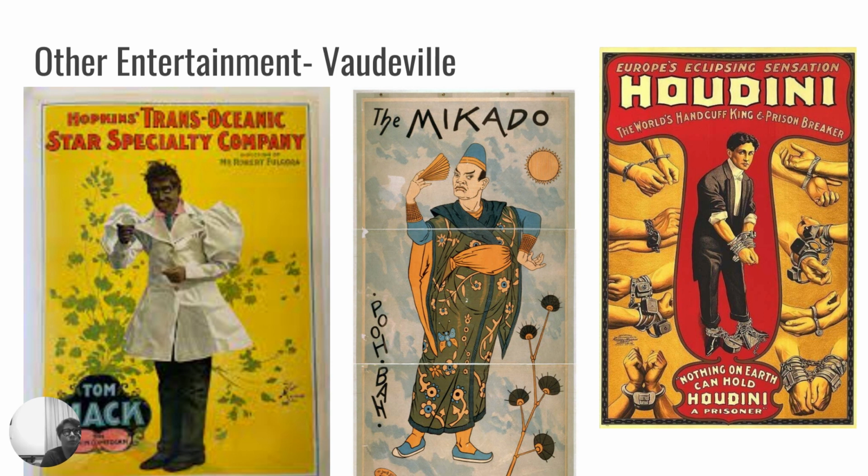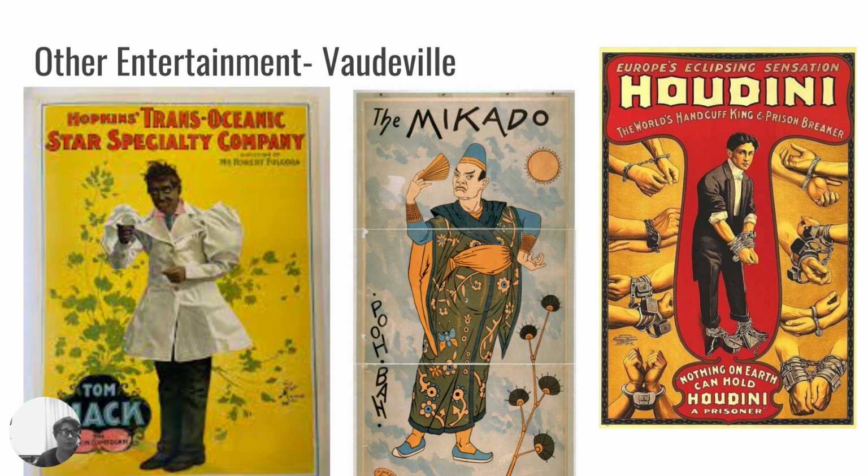Other amusements targeted at the lower class are things like vaudeville. These are basically almost like variety shows or operas. Houdini is going to become popular at the time.